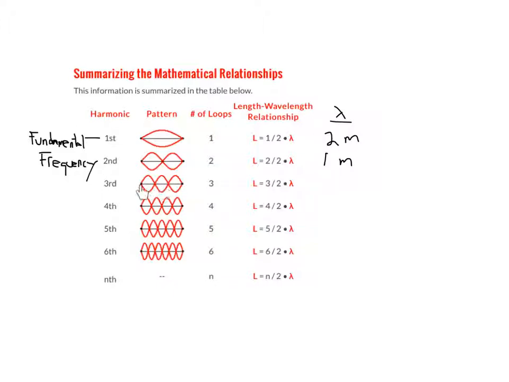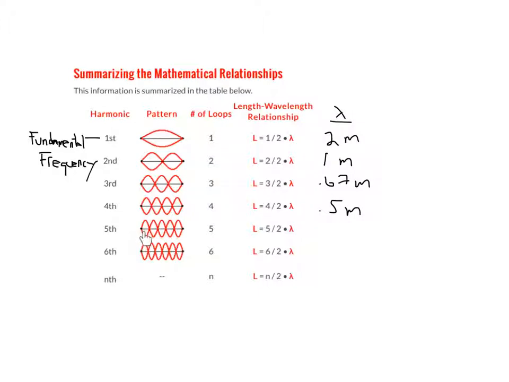Since this is 1 meter, then that's 0.33, that's 0.33, and that's 0.33. Then a whole wave would be 0.33 times 2, or 0.67 meters. We get to the fourth harmonic, and now we have four half waves. So the distance from here to here is half a meter, 0.5.